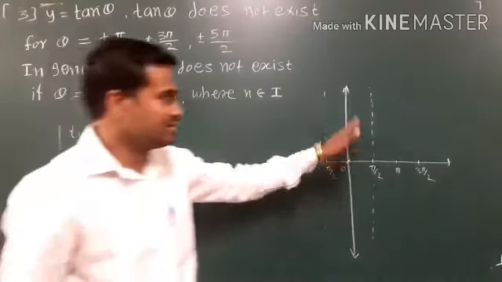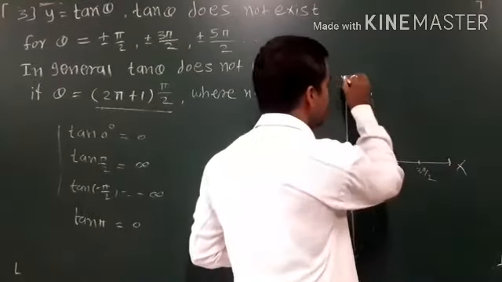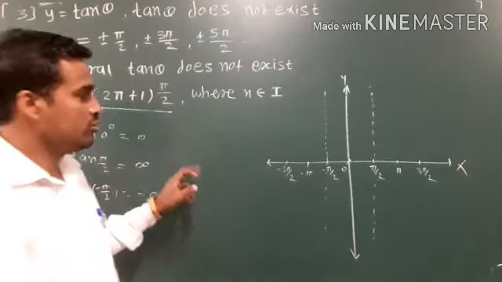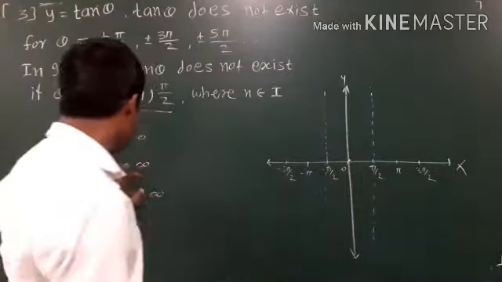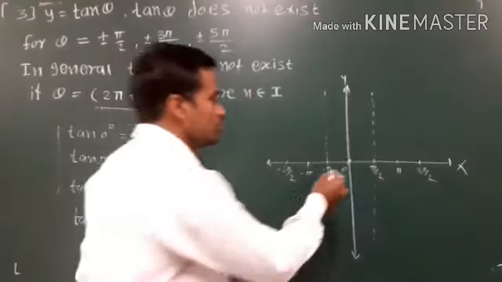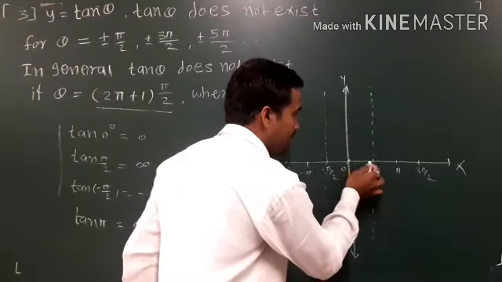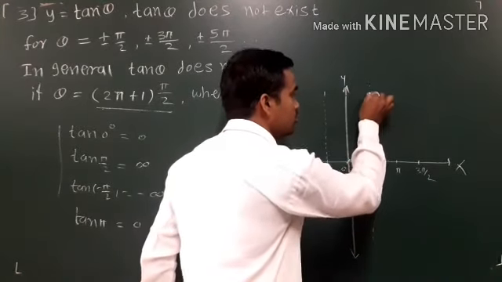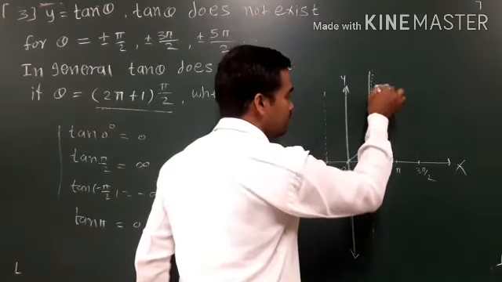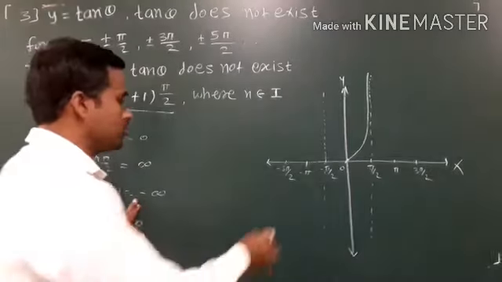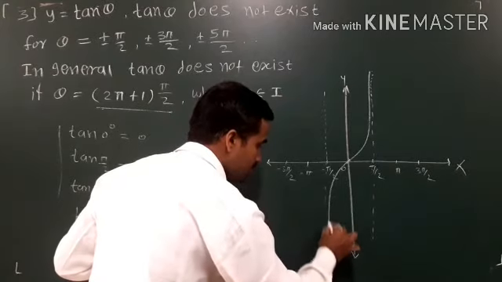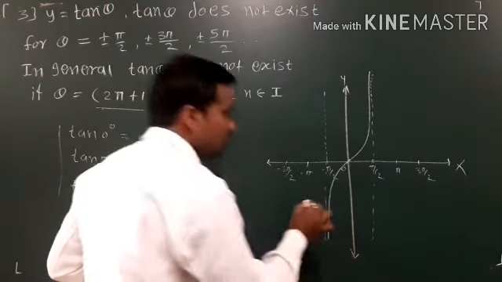These are the x-axis, y-axis here, okay, origin here. So tan 0 degrees equals 0 means here, and tan pi by 2 equals infinity. So this is pi by 2, infinity, so the curve goes this side, okay, goes this way, and tan minus pi by 2 is minus infinity, so this way.